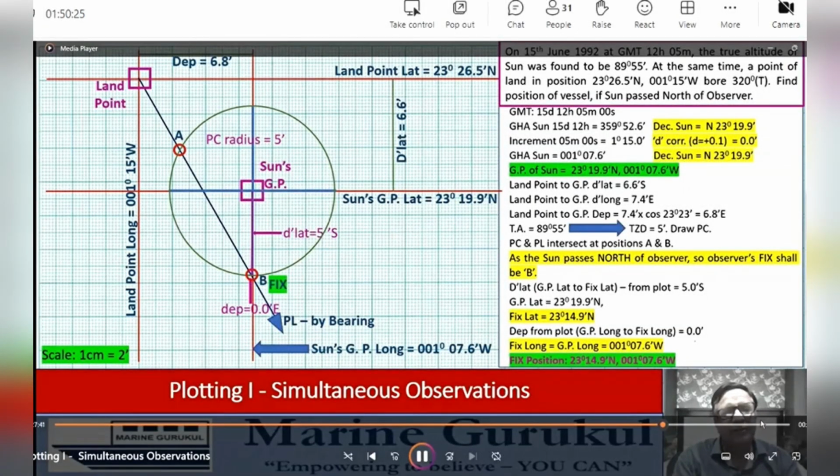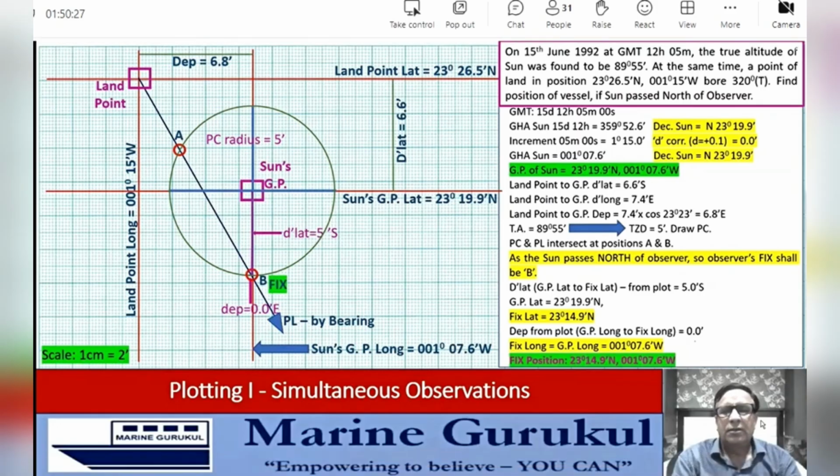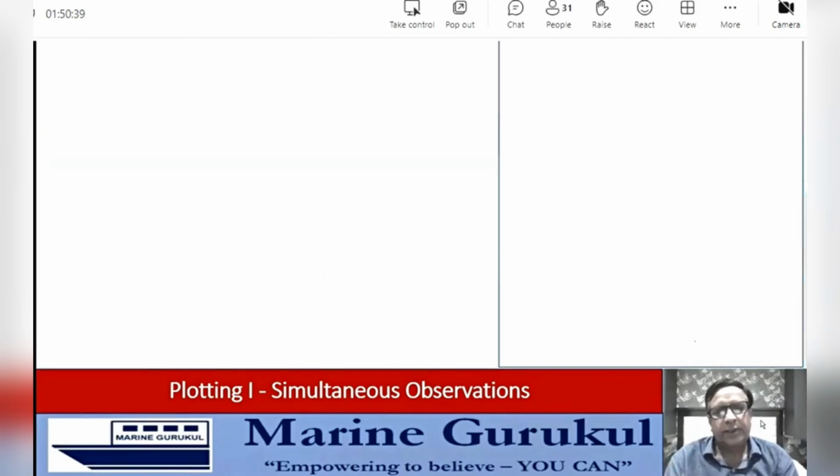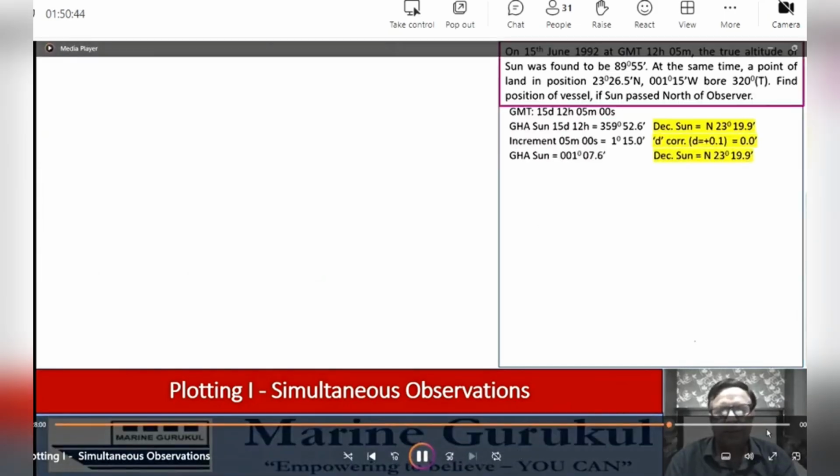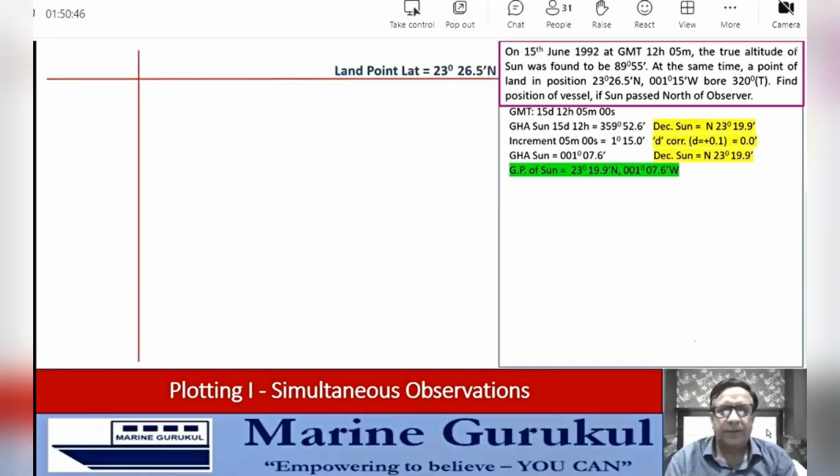So here in this case, we had the intersection of a PL and a PC. PL was drawn from a terrestrial reference and PC was by high altitude celestial observation. Just quickly a repeat of the same process on a plane sheet, same question. So just repeating it if you have to plot it on the plane sheet.